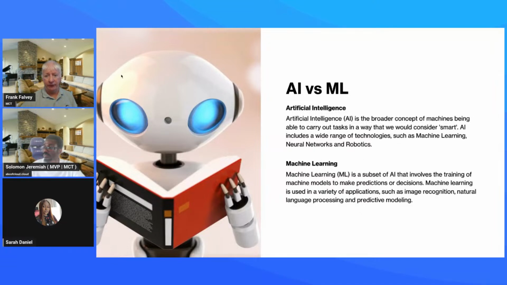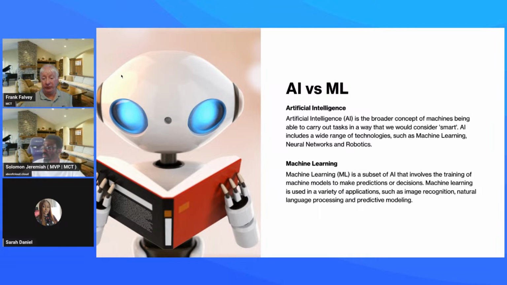So AI versus ML, which is artificial intelligence versus machine learning. Artificial intelligence is a broader concept of machines being able to carry out tasks in a way that we could consider smart. AI includes a wide range of technologies such as machine learning, neural networks, and robotics. Machine learning is a subset of AI that involves the training of machine models to make predictions or decisions.